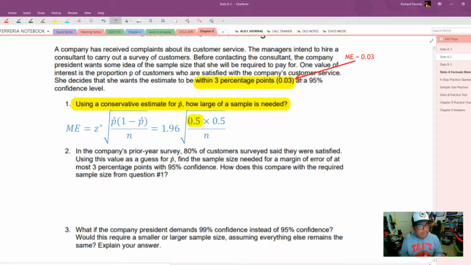Also, we didn't have an estimate for p hat, so we're using the conservative approach and using 0.5. And then we're going to make that equal to the desired margin of error, 0.03. Now remember, this is stats, so it's not necessary for you to show any algebra here. So if you don't want to do the algebra here, you can go ahead and go to your solver right now.